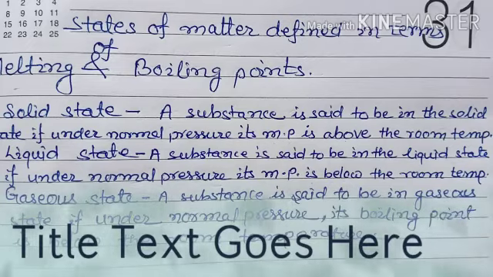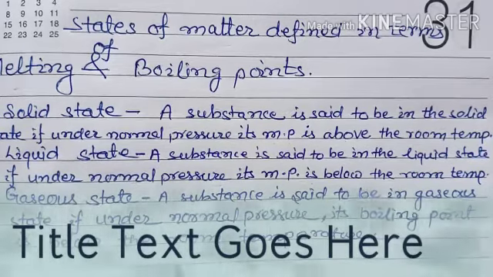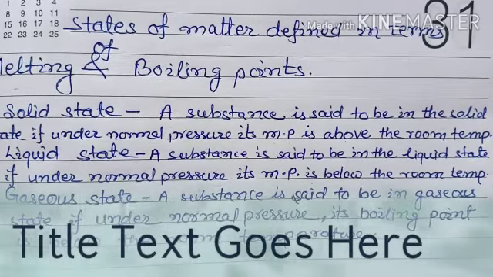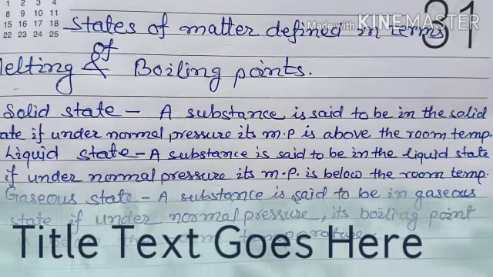Students, now we'll discuss the effect of change of pressure. We know that the particles of gas are very far apart, which means there is a large gap between the particles. So when pressure is applied, these gas particles come close to one another, and when they come closer, the force of attraction comes into play and the gaseous state changes into the liquid state.